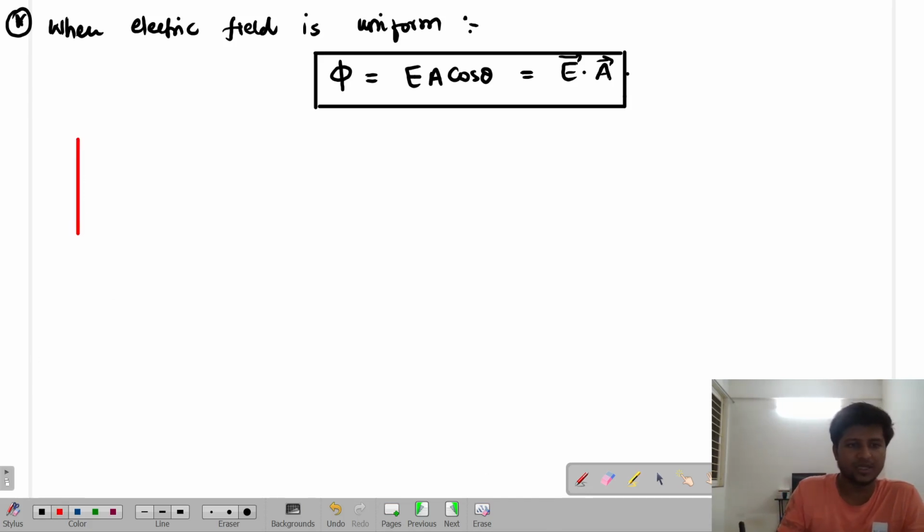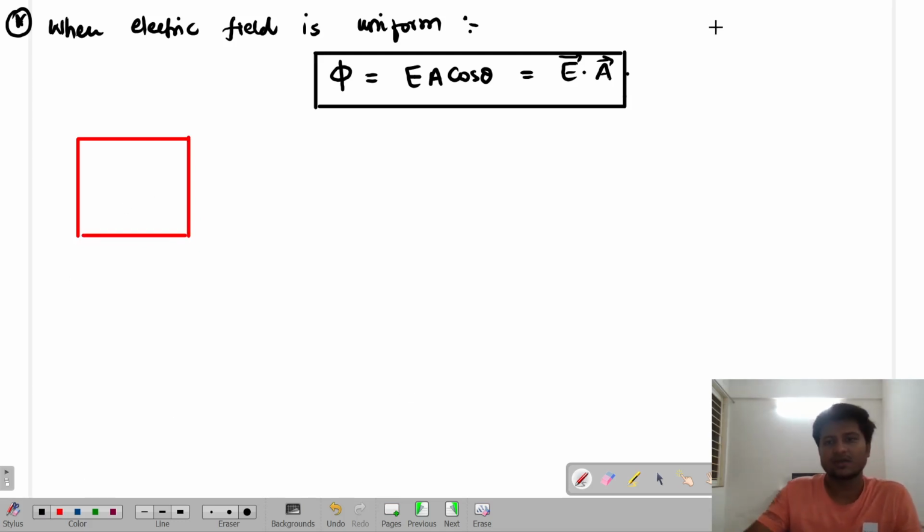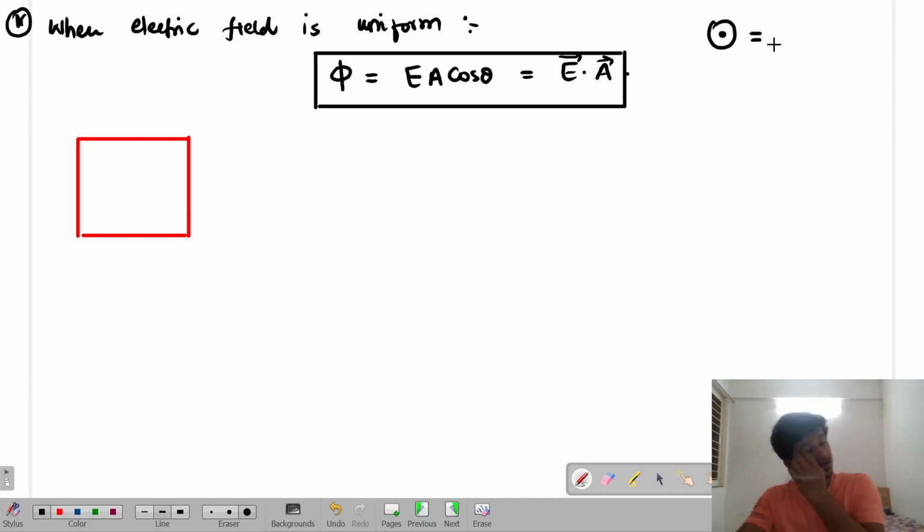Let's suppose I have some area. Now after talking this much on area, now you can get some ideas. Let's suppose this is my particular plane surface area. So you know that this sign represents what? Vector going inside, isn't it? Or outside? Vector outside.